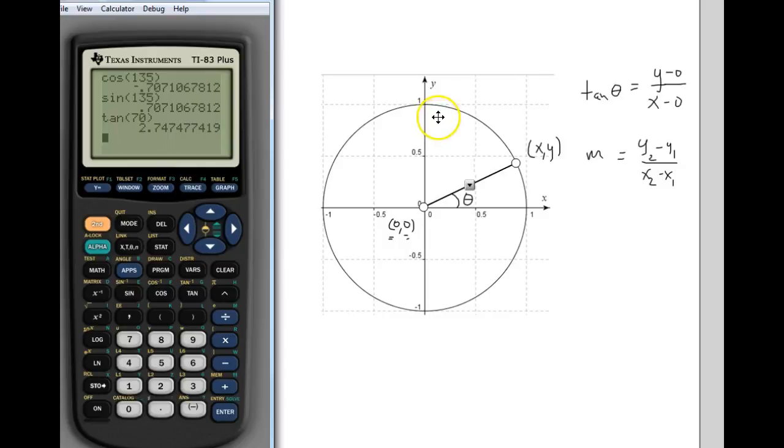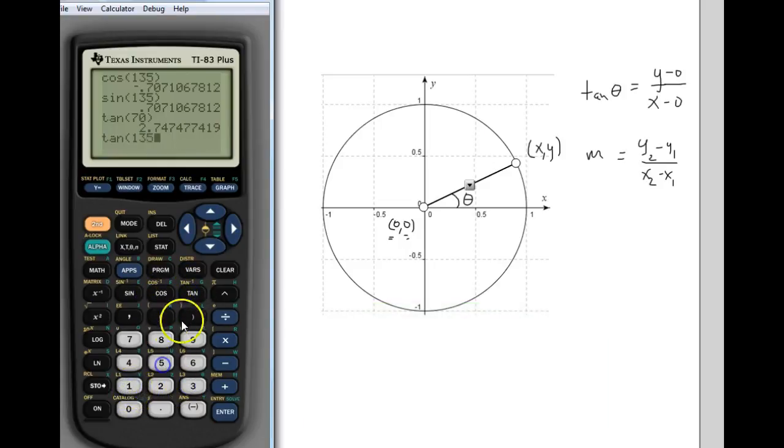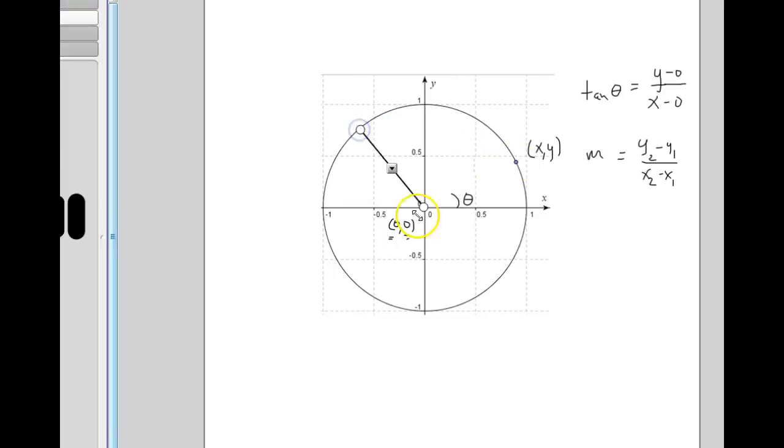Alright, and if I pick something beyond 90, for instance like that 135 that we just looked at, I end up with a negative number because in quadrant 2 that is a negative sloping line. It's going downhill as I move left to right.